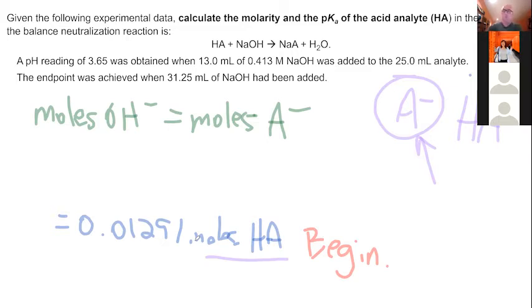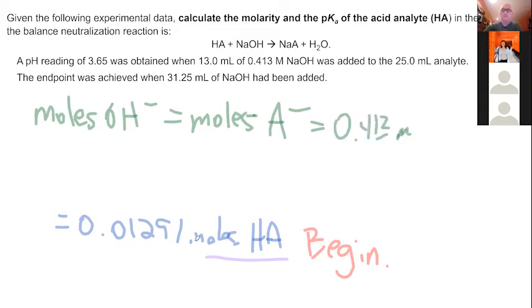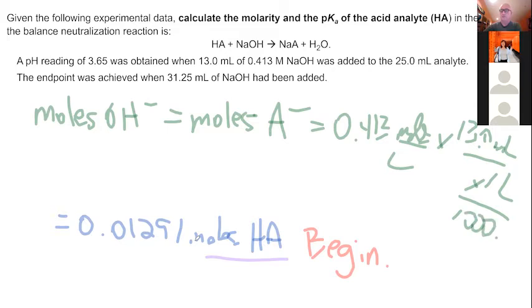So that's going to be equal to 0.413 moles per liter times 13 mL times 1 liter over 1,000 mL. And liters cancel, mL cancel, and we're left with moles. So that's what we want. So how many moles is that?